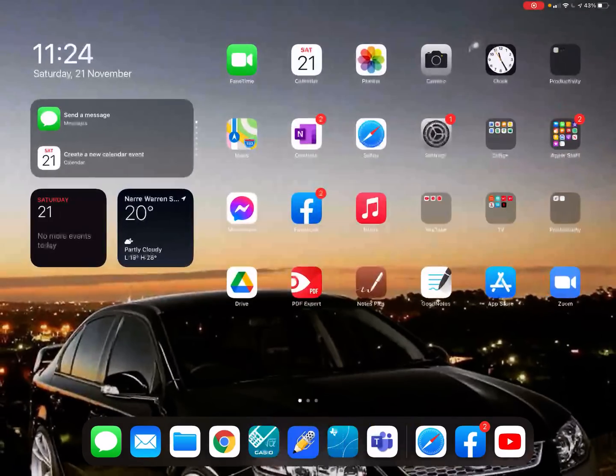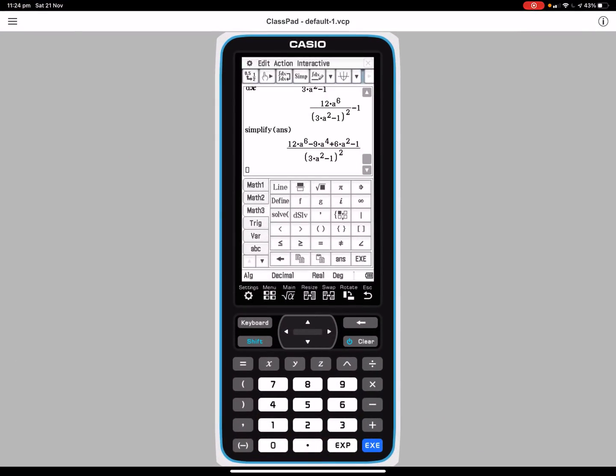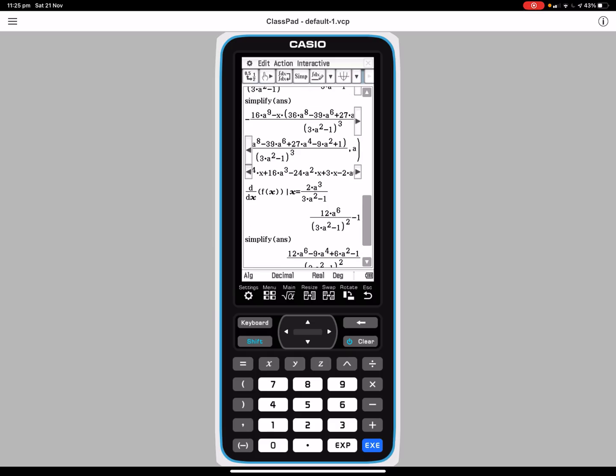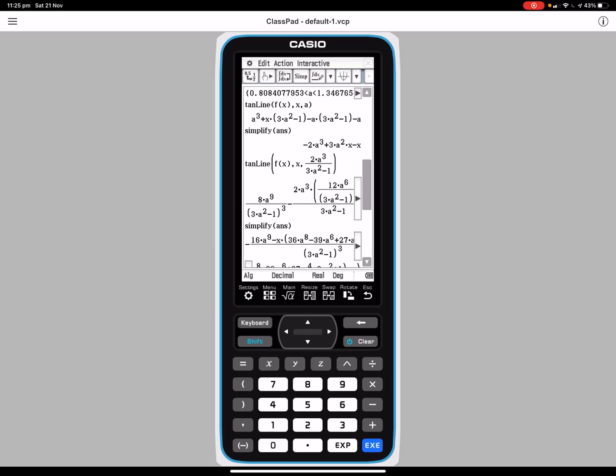A is equal to that equals, where's the other one? 3a squared minus 1, I think it was.